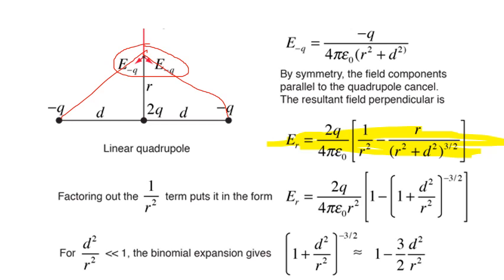This is the field. If you simplify this, we will get the answer. First, 1 upon r squared should be taken out, and then use that d squared upon r squared is very much less than 1, meaning the distance where you are calculating the field should be very far from the actual size of this quadrupole. So you will get it this way. You can simplify this also.